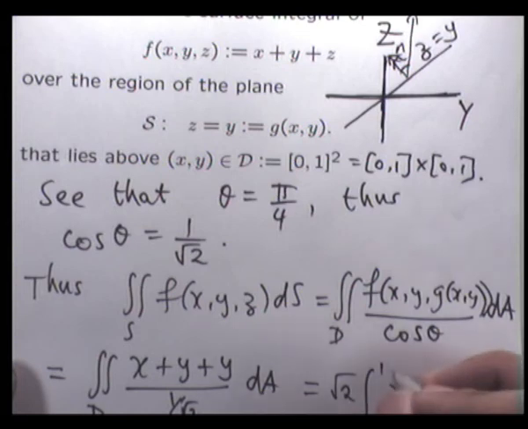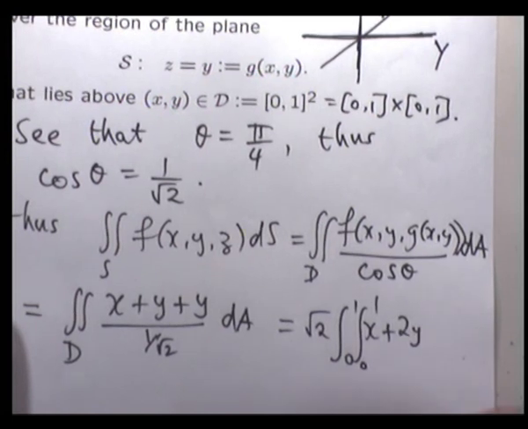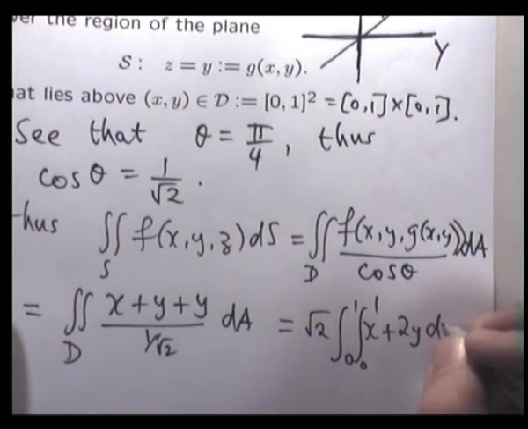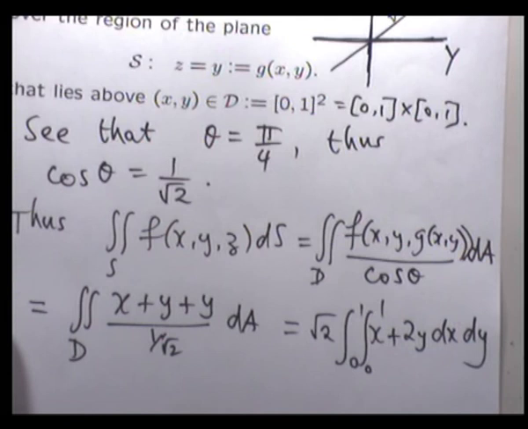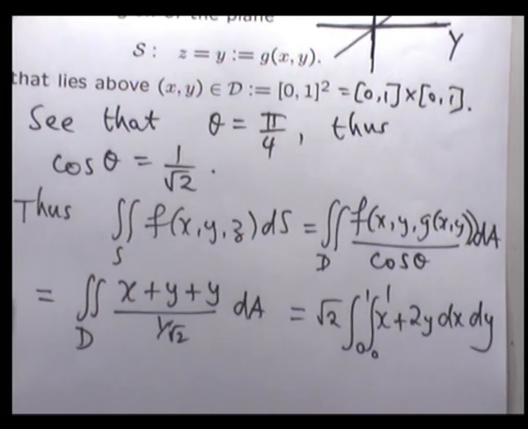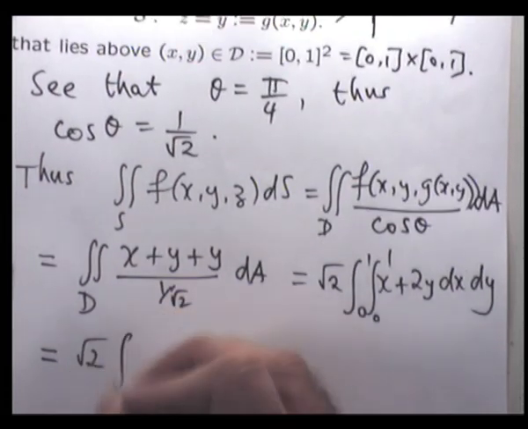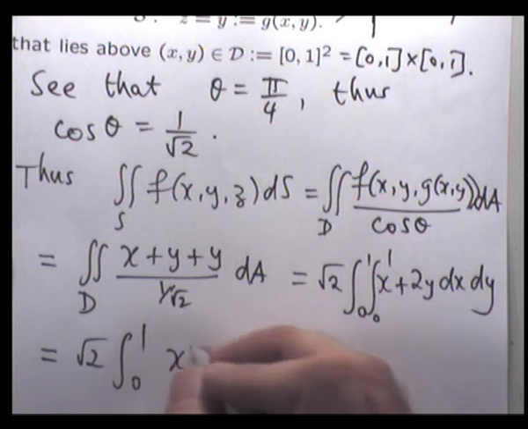All right, so now it's just a simple double integration. We're going to get something like x squared plus 2xy.